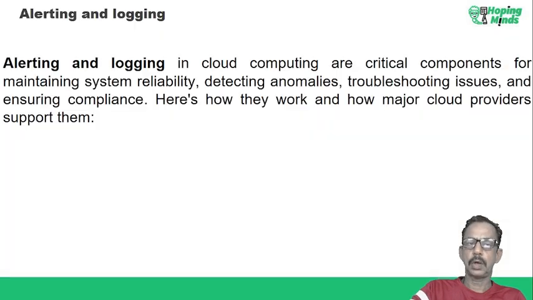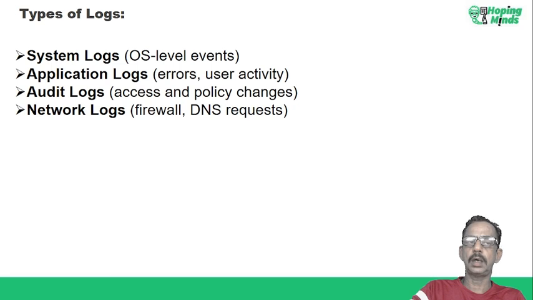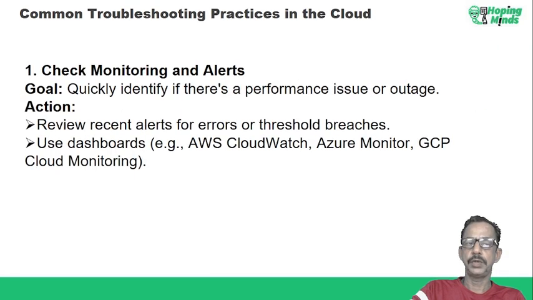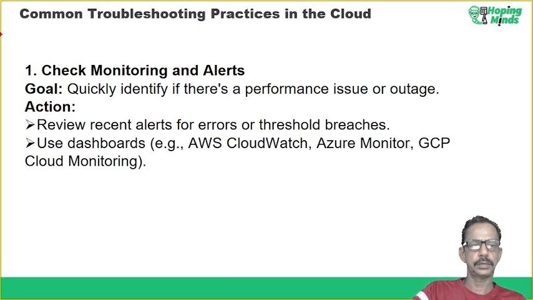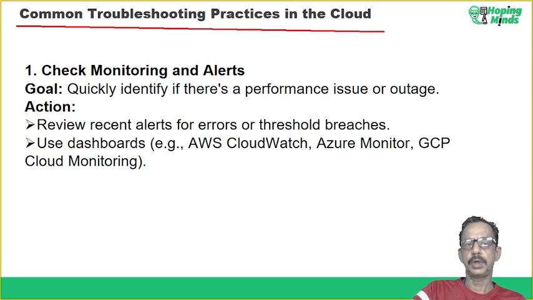Now we have to move to troubleshooting, using all the information that we got in the logging process and other methods that we already discussed. Common troubleshooting practice in cloud.